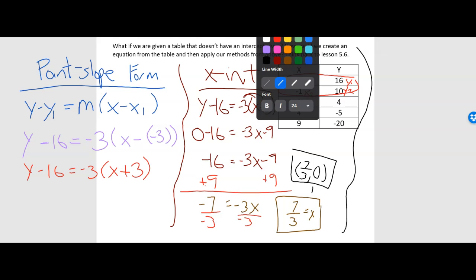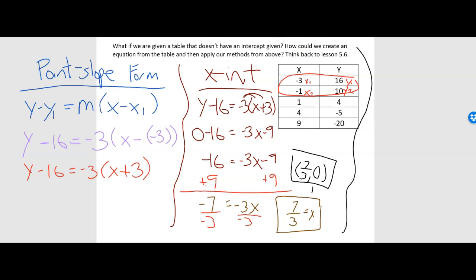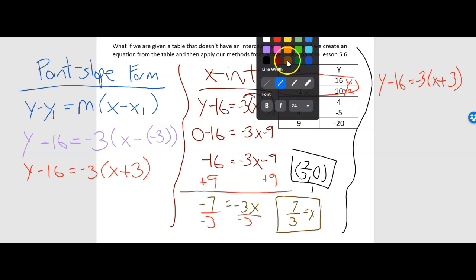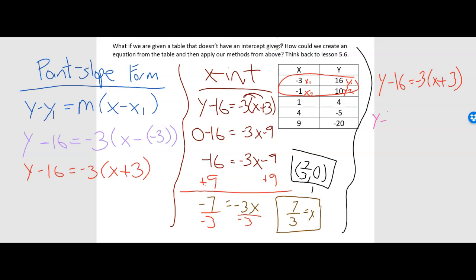Now we just need to find my y-intercept. So again, I start with my initial equation. This time I just need to substitute in 0 for x. So I'm going to get y minus 16 is equal to negative 3 times the quantity 0 plus 3. y minus 16 is equal to negative 3 times 3. y minus 16 is equal to negative 9.